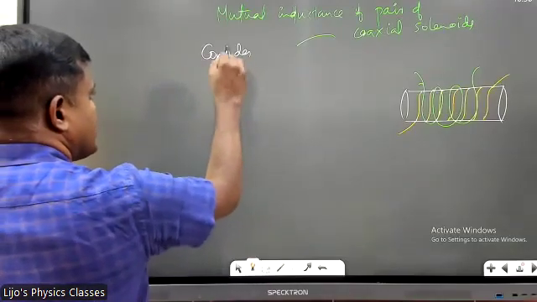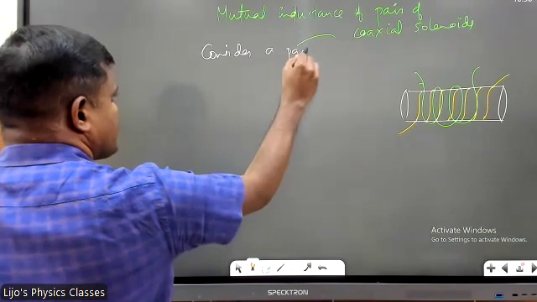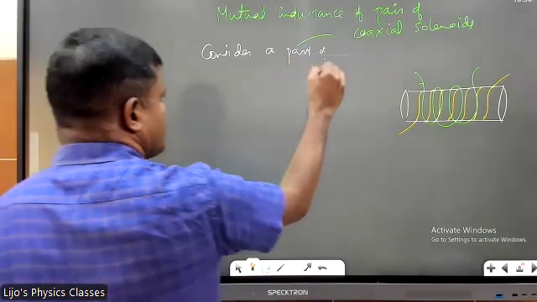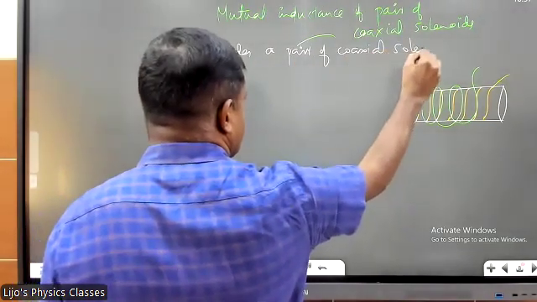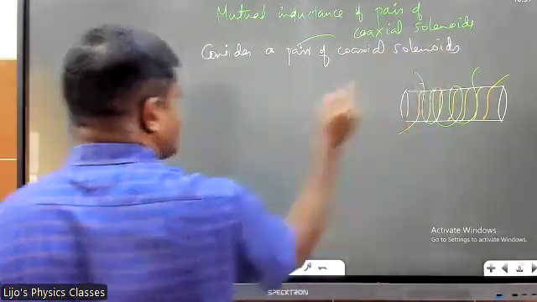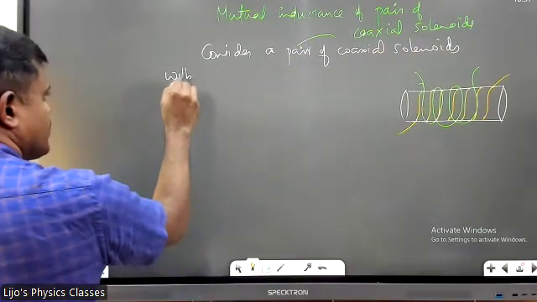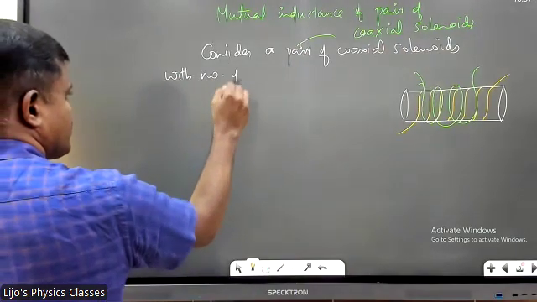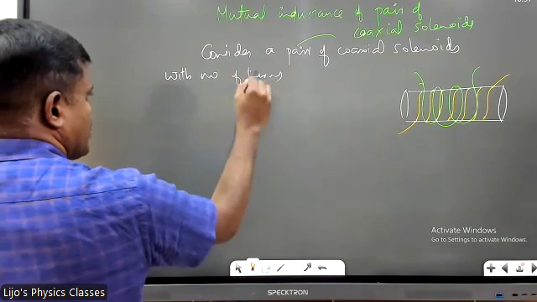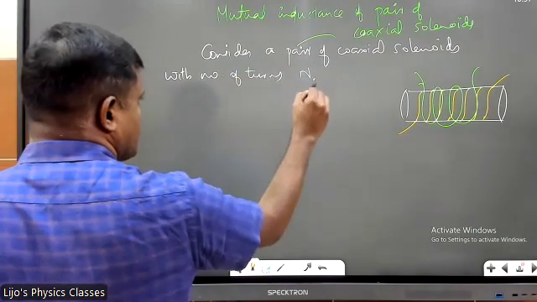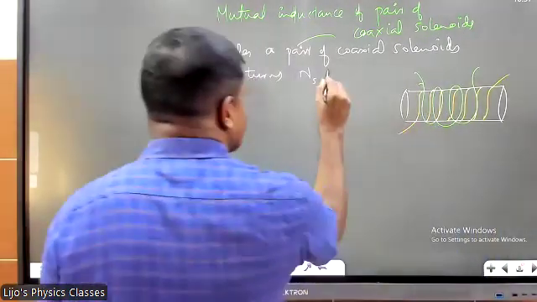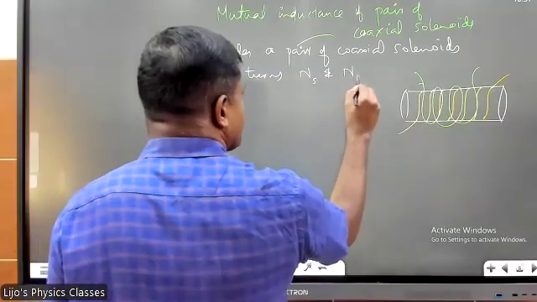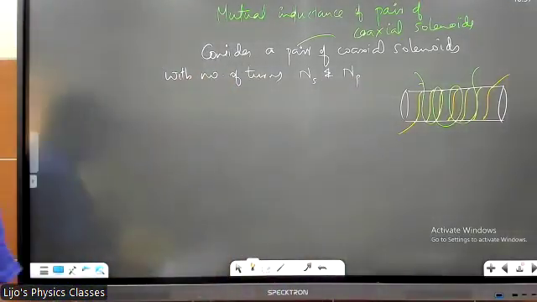We can write: consider a pair of coaxial solenoids with the number of turns N1 and N2.